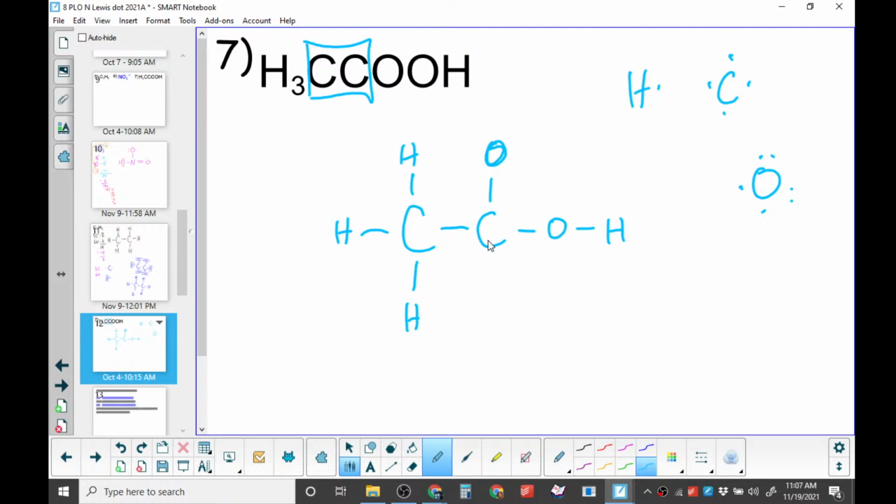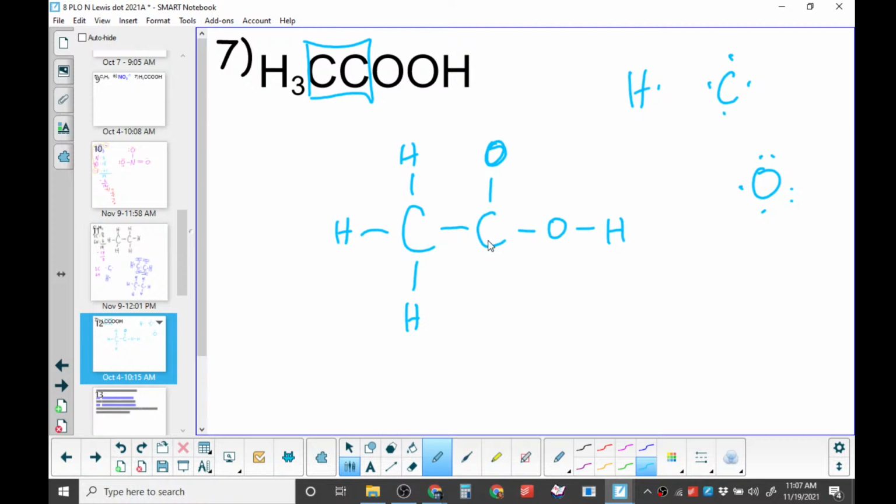You wouldn't put the double bond there. Carbon has no lone pairs to give. Where's another oxygen that has lone pairs to give? Yeah. And then you take away one of its lone pairs. Now you're good. Oh, that would never have a double bond.